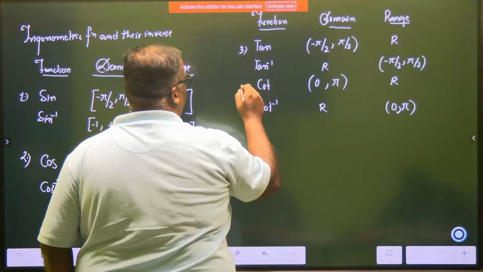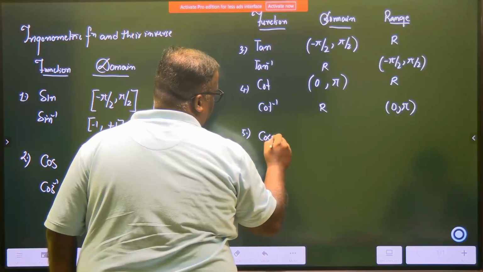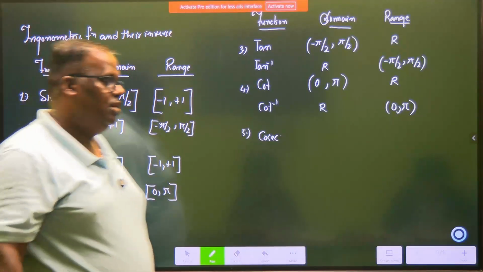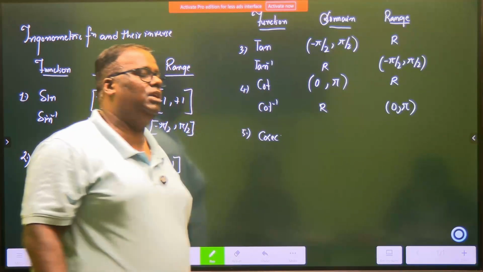Cosec function. Now, if you see, the cosec function will not be able to take those values in which sine becomes 0.